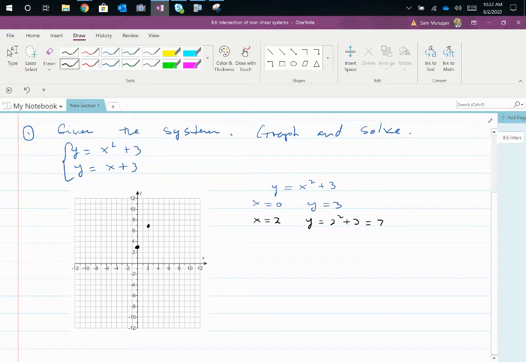And then since the point at 0 and 3 is the vertex, we just go 2 points to the left of the axis of symmetry at -2 and 7. Okay, because when x is equal to -2, y is equal to -2 squared plus 3, and it's still 7. And from this, we can go ahead and sketch our graph for this part of it.